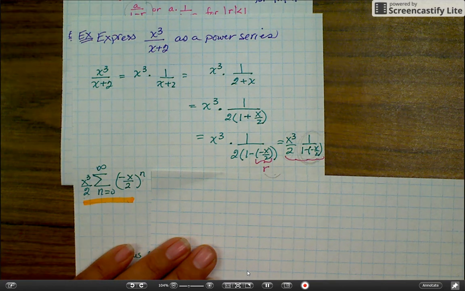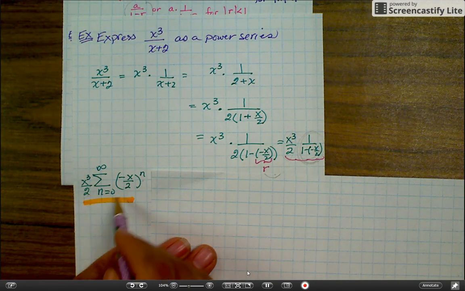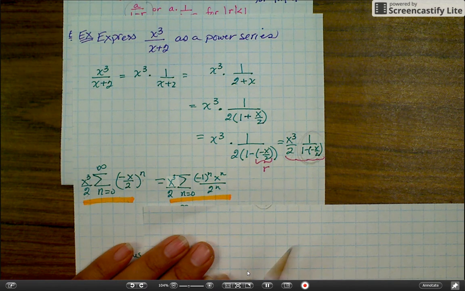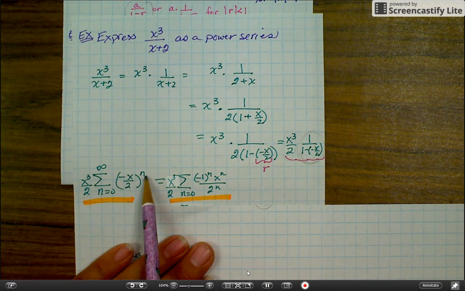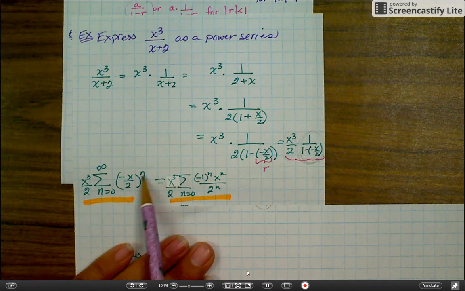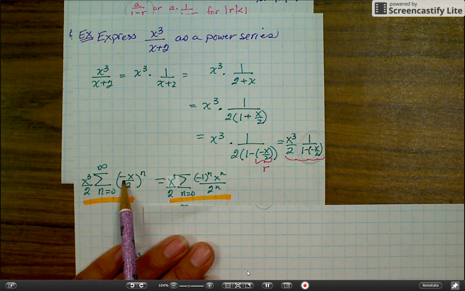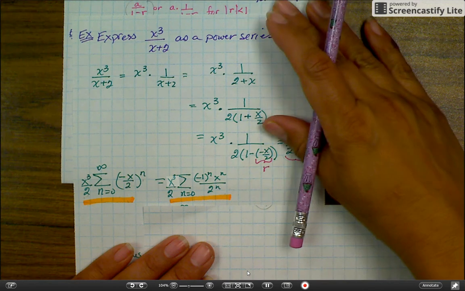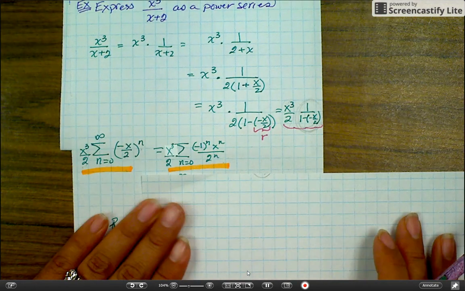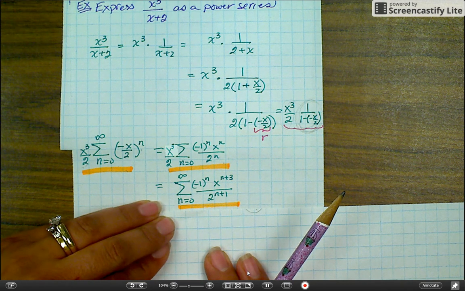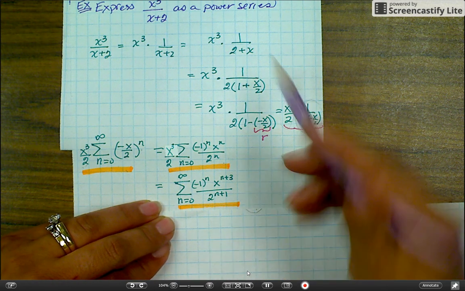Now on the AP test, sometimes they'll have it in this form, and sometimes in this form. They are equivalent. What happened? We distributed this n: 2 to the n, x to the n, and there is a negative 1 to the n. Sometimes they will have it in this other form. What did we do?